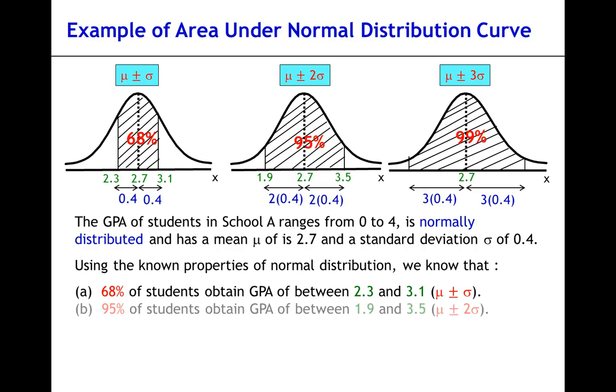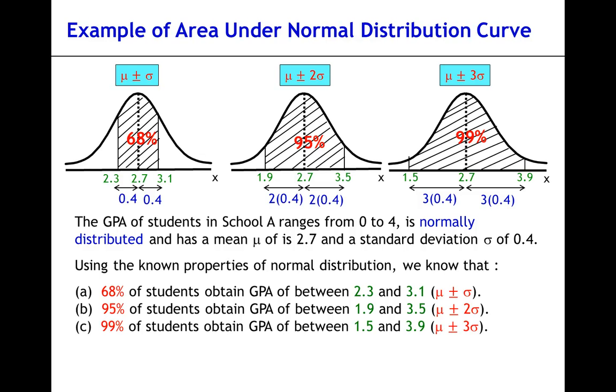So we can infer that 95% of students obtained a GPA of between 1.9 and 3.5. In the third diagram, mu plus 3 sigma is equal to 3.9 and mu minus 3 sigma is equal to 1.5. So we can infer that 99% of students obtained a GPA of between 1.5 and 3.9. All this information will give us a good indication of the actual spread of the GPAs.